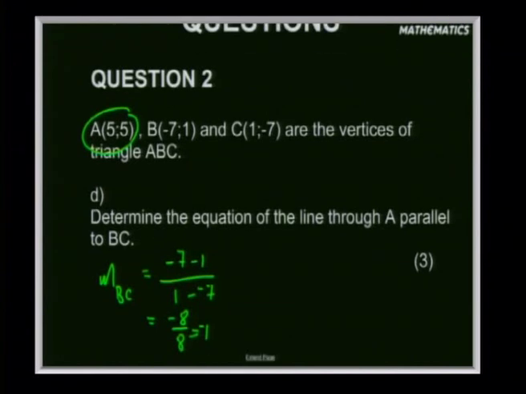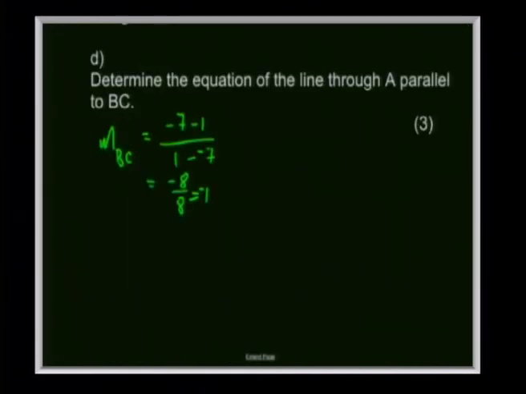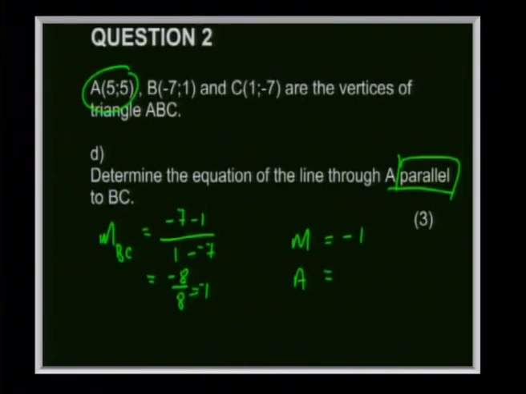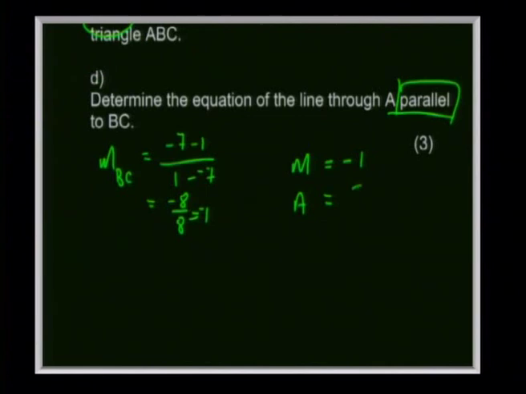So what have I got here? Because it's parallel, it's going to have a slope of -1. So the slope of our line is going to be -1. And it is going to go through the point A, which is 5, 5.